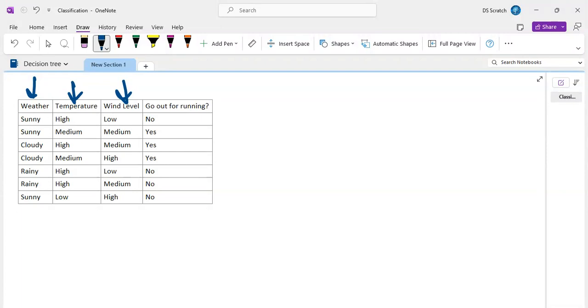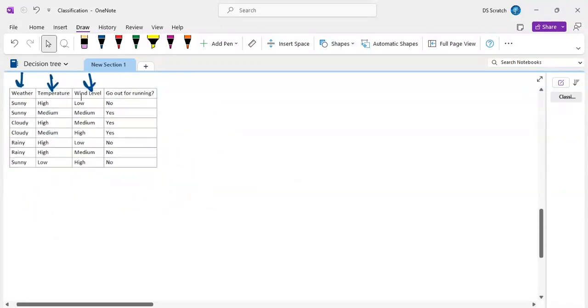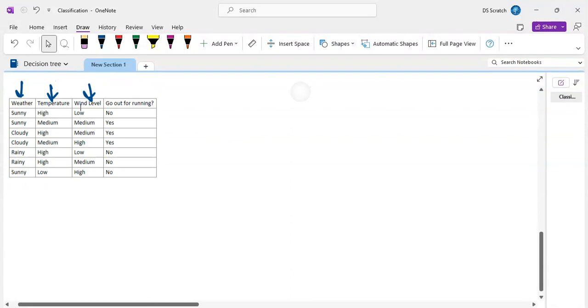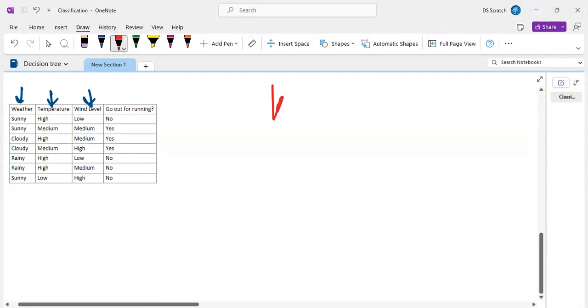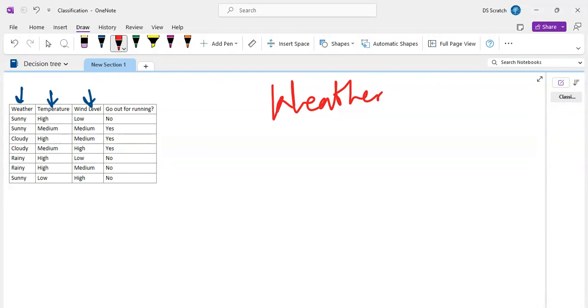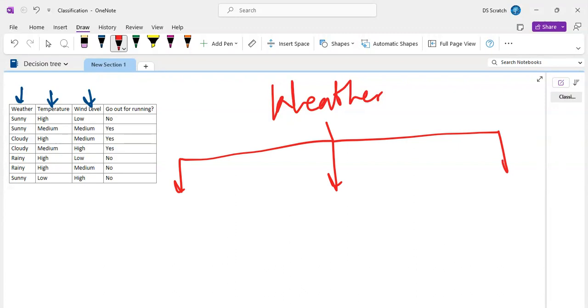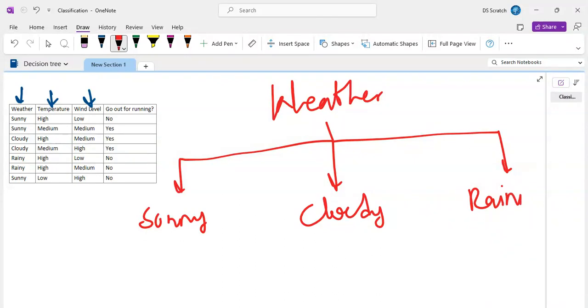Okay, so now let's start with the weather. Let's calculate the impurity for the weather. For weather, we have three different situations: we have sunny, we have cloudy, and we have rainy weather.